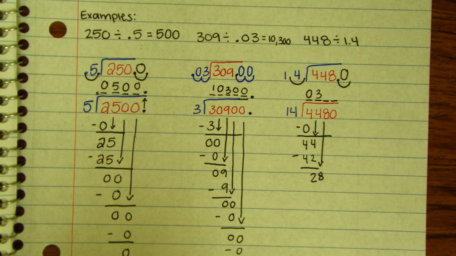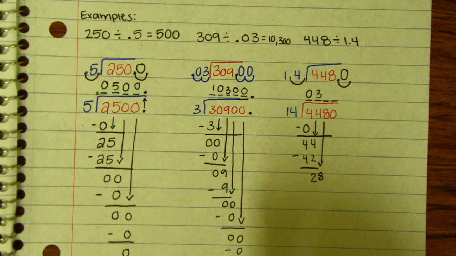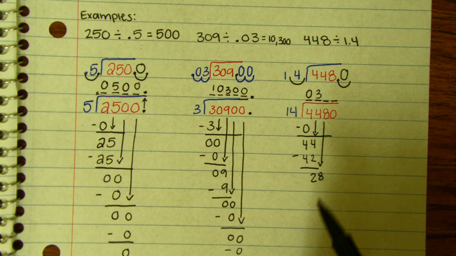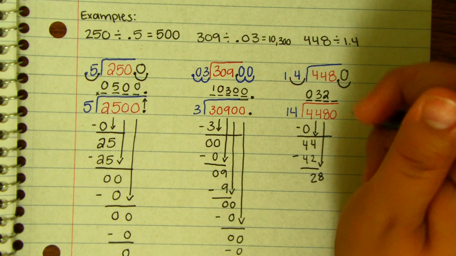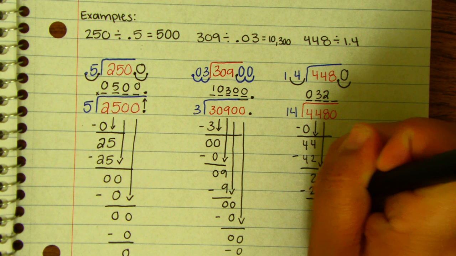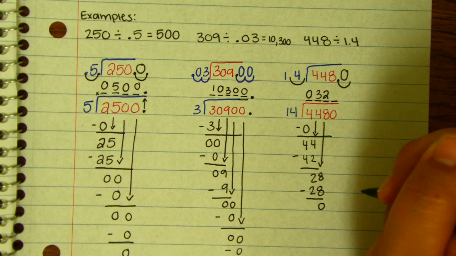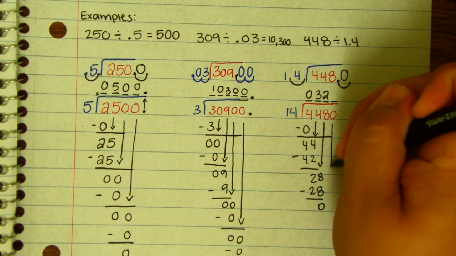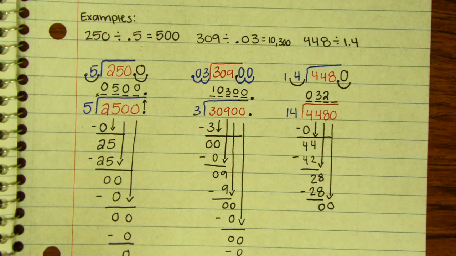So 14 goes into 28 2 times. So 2 times 14 is 28. I'm going to go ahead and subtract it. Bring this last 0 down because I still got to deal with that 0.